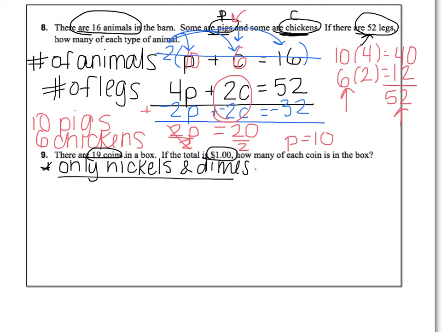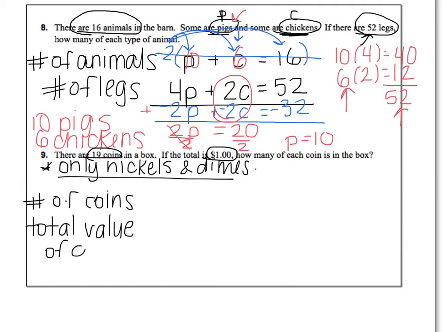So I'm going to create my 2 equations, one based on the number of coins, and one based on the total value of the coins. So my first equation, I'm going to call nickels N and dimes D. So if I take my nickels and I add my dimes, I get 19 coins.